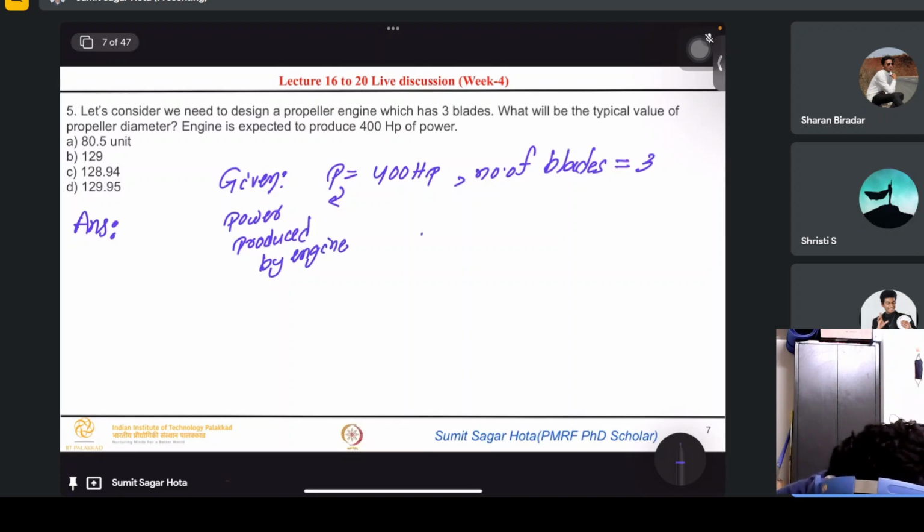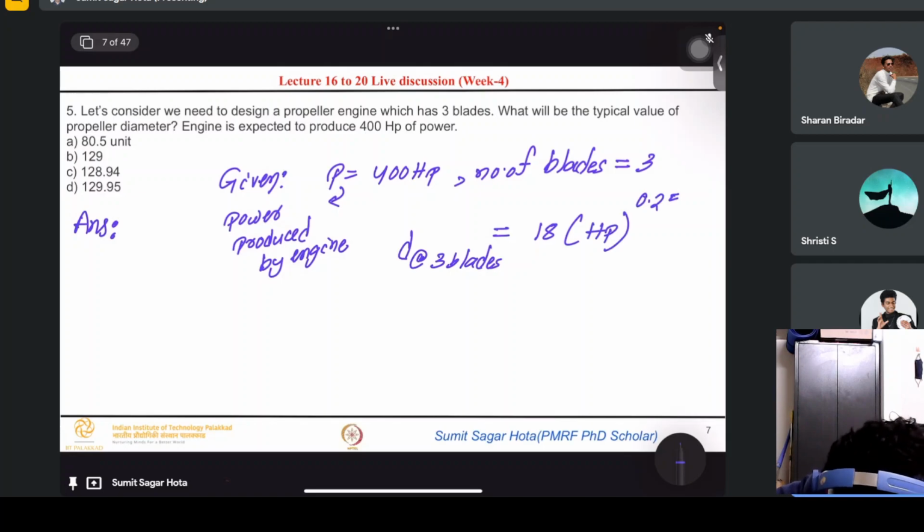So D of 3 blades is equal to 18 into HP to the power 0.25.